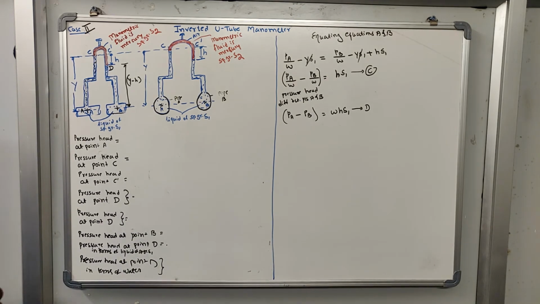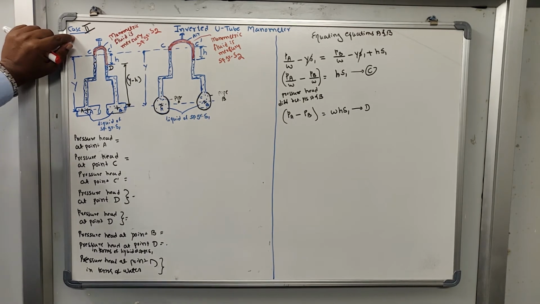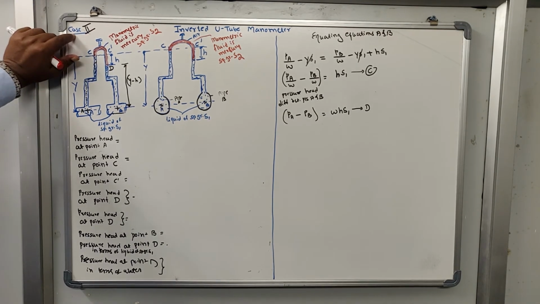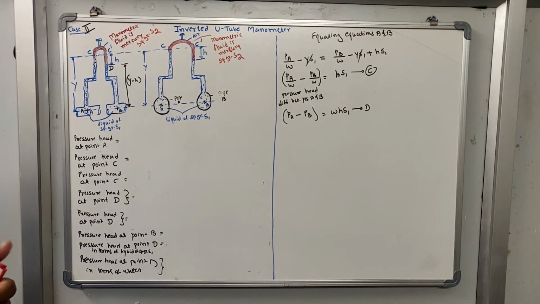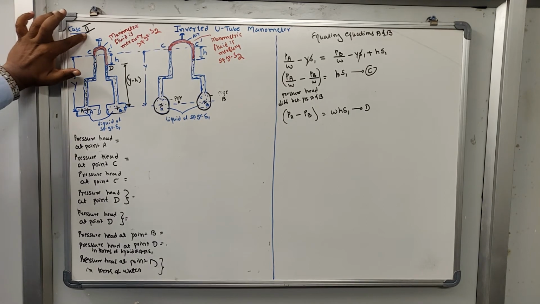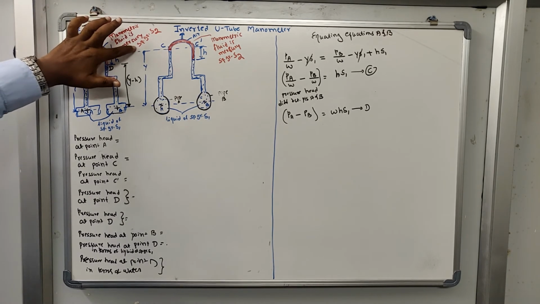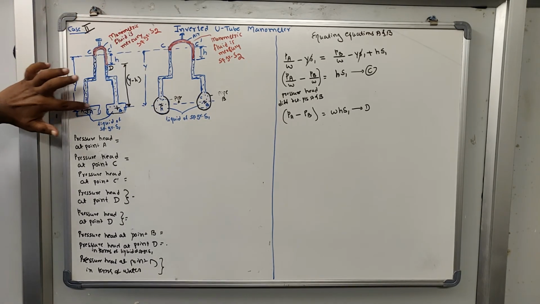Okay students, now we will discuss case 2. In case 1, we considered the manometric fluid in the manometer to be air. In this case, that is case 2, you consider the manometric fluid to be mercury of specific gravity S2. This is the single pipe.